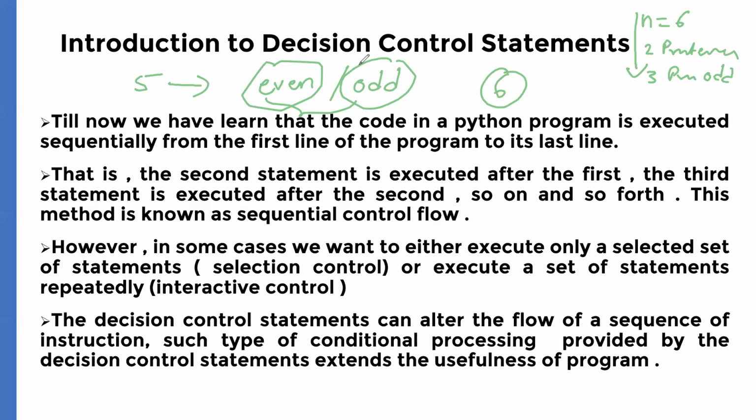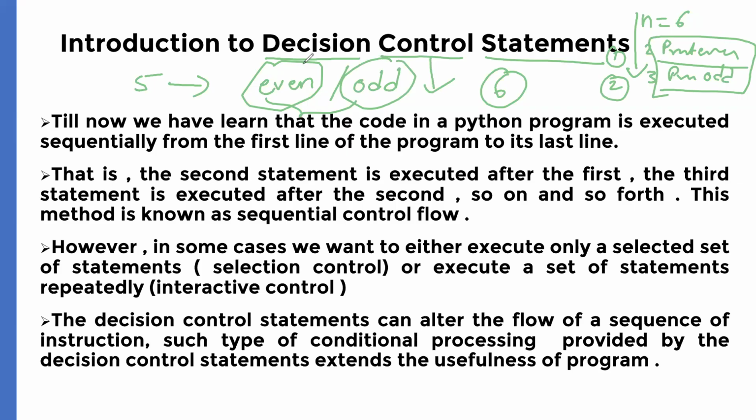But if they are executed one by one, for every number I'll get both answers. I'll get every number as even and odd as well. But we don't want that to happen. We only want one of these statements to execute, either even or odd. So in order to do that, we use decision control statements. We are going to control these statements.